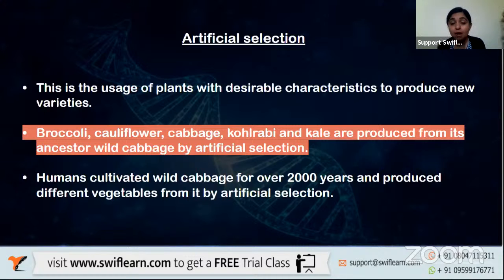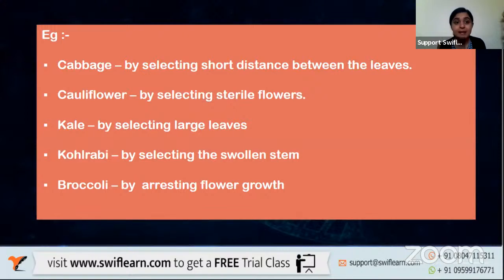Humans cultivated wild cabbage for over 2000 years and produced different vegetables from it. Example, cabbage by selecting short distance between the leaves, cauliflower by selecting sterile flowers, kale by selecting large leaves, celery by selecting the swollen stem, broccoli by arresting flower growth.